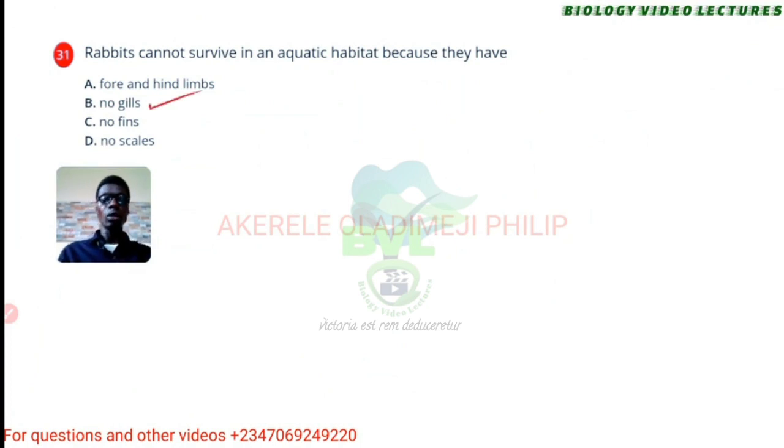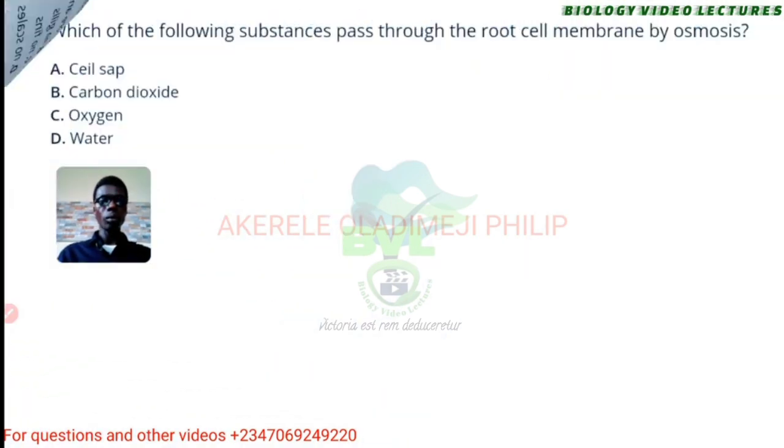Yes, gills. For you to be in an aquatic habitat, it means you must be able to breathe in water. And if you can't breathe in water, it simply means that you're going to choke. Because if any mammal tries to breathe in water without gills, it's going to end up breathing in water to the lungs, and that will end up killing the organism. So the answer is because they don't have gills.